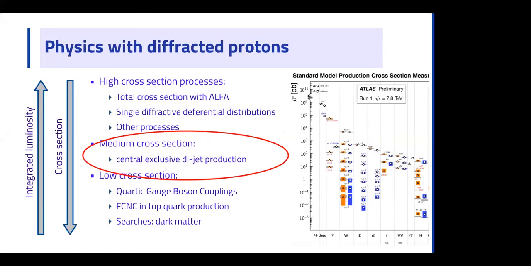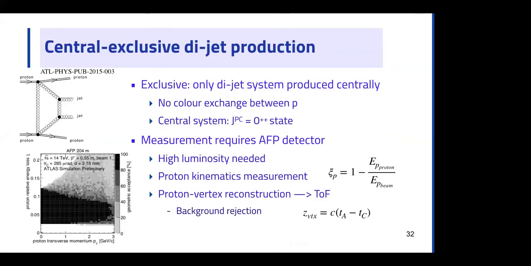So I move now to the intermediate process with intermediate cross sections, such as central exclusive dijet production. And okay, these kind of processes are quite interesting. We basically have 2 protons that are intact, and there is an exchange of gluons that we see here that can produce different particles, even the Higgs boson there, but what we'll study first is the production of jets here.